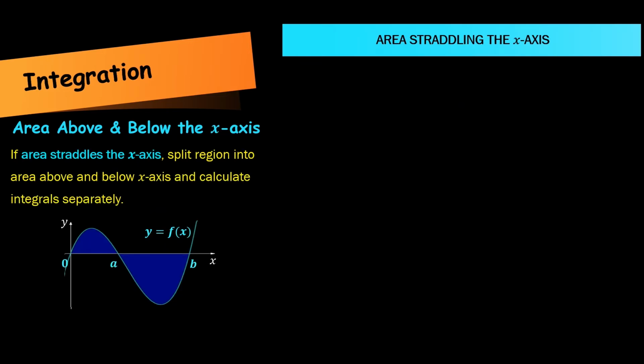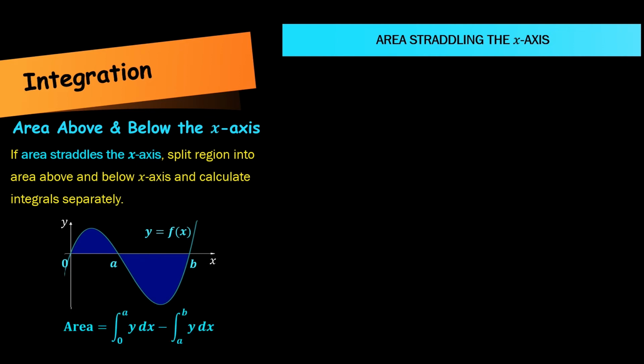What happens if the area is above and below the x-axis? If the area straddles the x-axis, the region is split into the area above and the area below the x-axis, and we calculate the integrals separately. So as you can see from the diagram, the region from 0 to a is above the x-axis, and the region from a to b is below the x-axis.